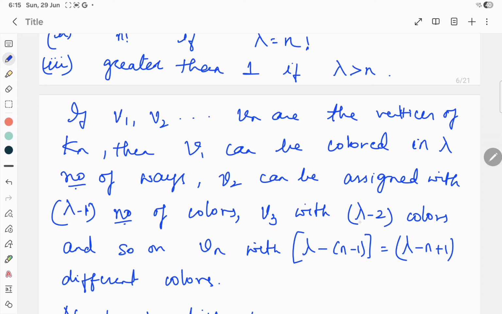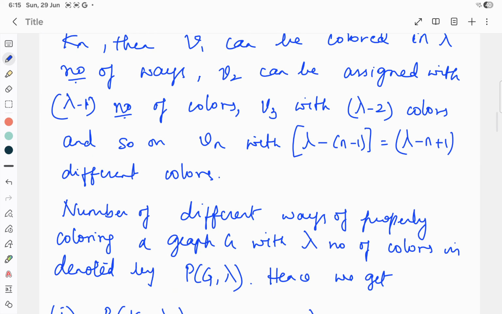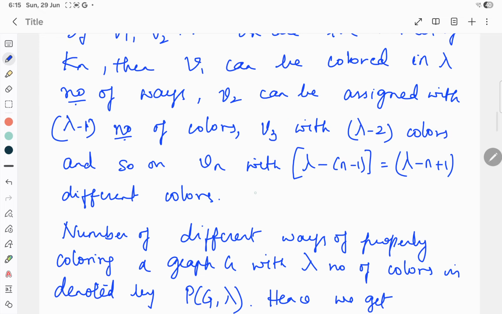Then v3 has lambda minus 2 colors, and so on, vn with lambda minus n minus 1 colors. The product will give you the number of different ways of coloring. So it will be lambda into lambda minus 1 into lambda minus 2, etc., lambda minus n plus 1 ways I can color the graph Kn with lambda colors, which is greater than n.